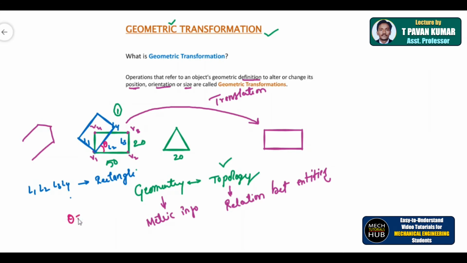That theta value will be given to you in the question. Based on theta, maybe 30 degrees, 45 degrees, 60 degrees, or any other angle, you need to rotate accordingly.